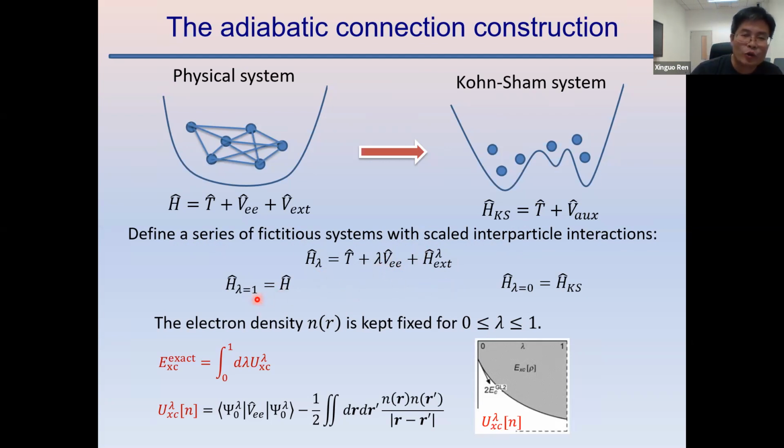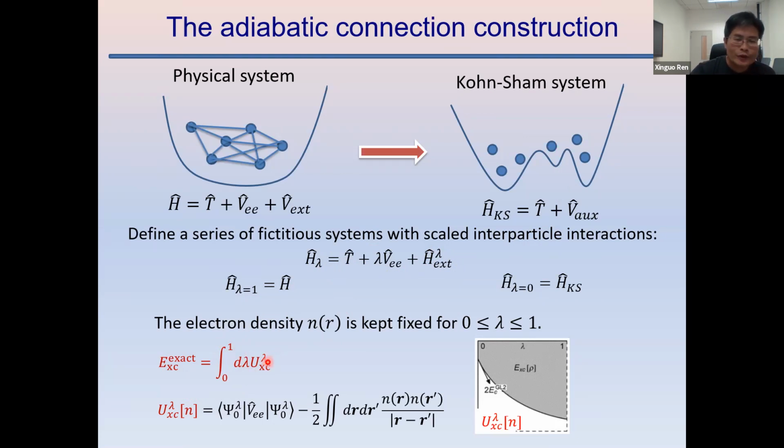When lambda equals 1, we have the physical system, and when lambda equals 0, we have the Kohn-Sham system. We choose the external potential such that the electron density is kept fixed along this path. With this setup, one can show that the exact exchange correlation energy within Kohn-Sham DFT is given by an integration over this coupling parameter lambda from 0 to 1.